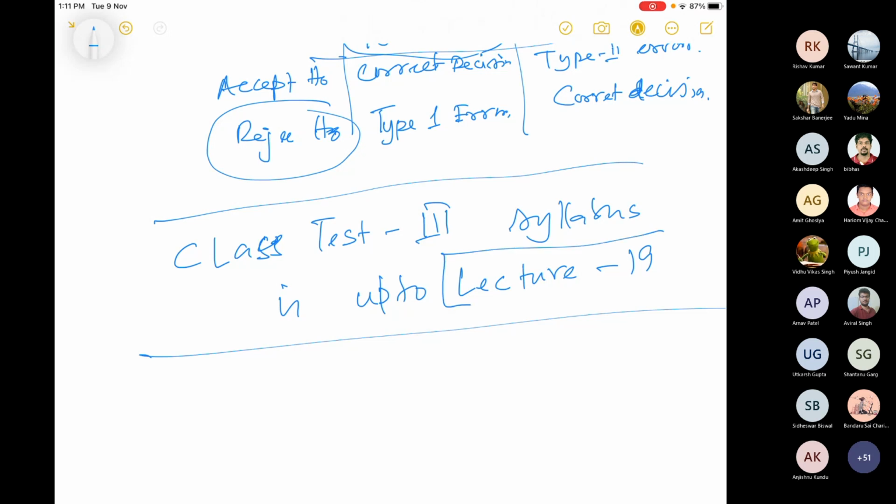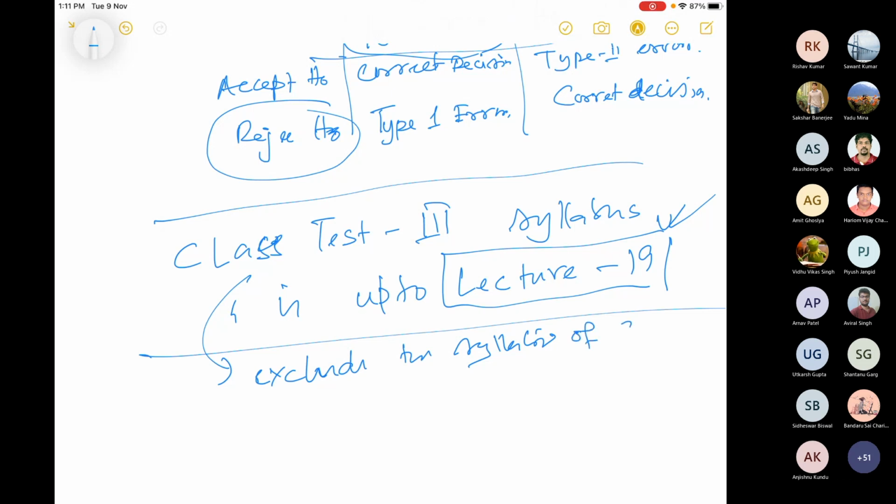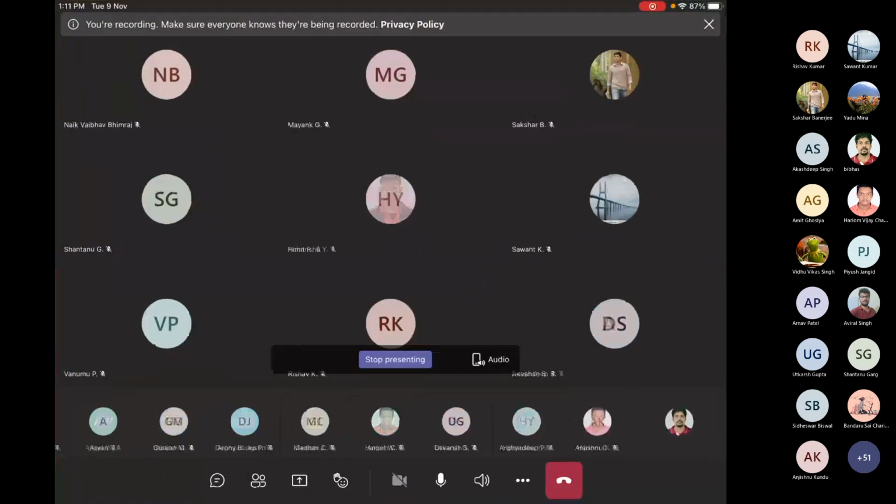This is up to lecture 19, and this excludes the syllabi of class test 1 and class test 2. This is the syllabus. If you have any questions, you can ask me.